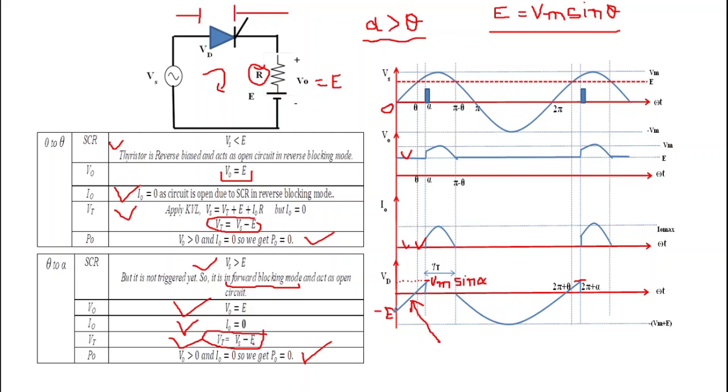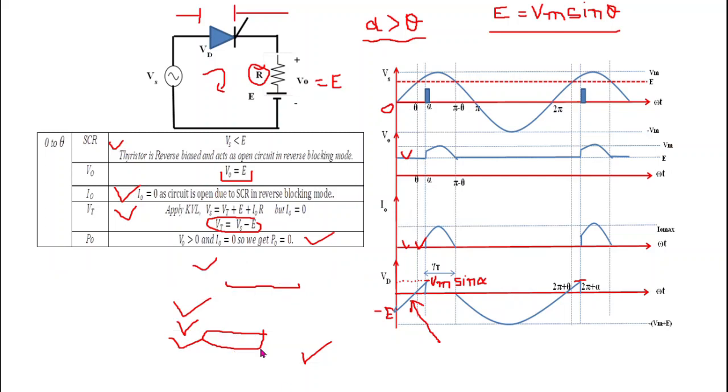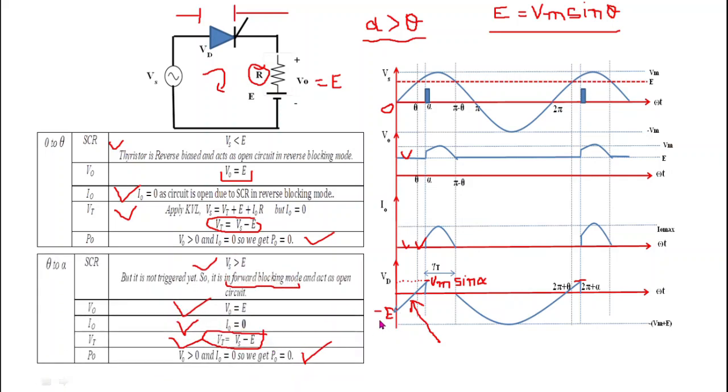Here we get Vt is equal to minus E, because if Vs is equal to 0 at omega t is equal to 0, then we get Vt is equal to minus E.